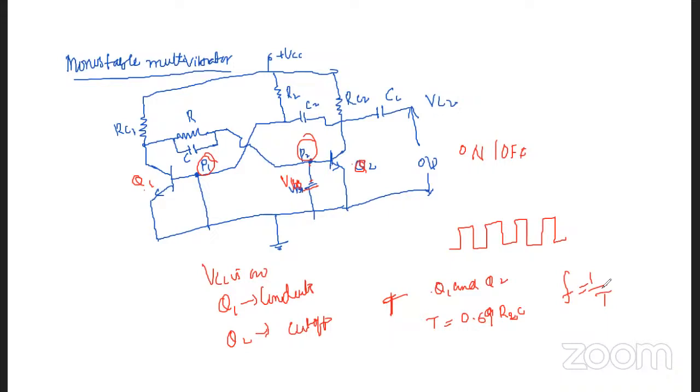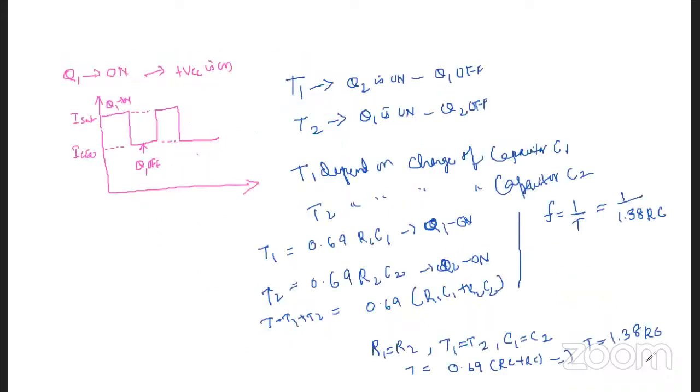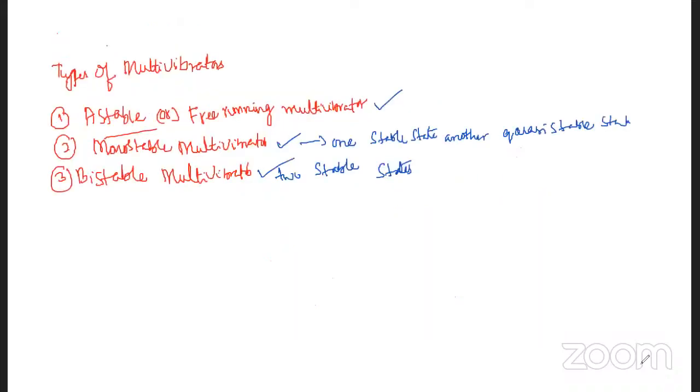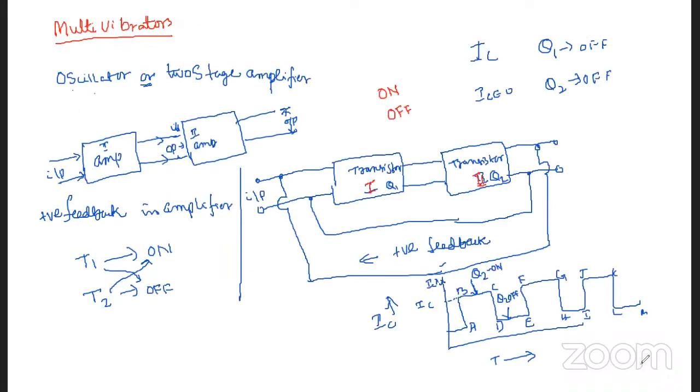So these are the two different types of multivibrators which we have seen. In the next class, we are going to see the bistable multivibrator so that we can complete the multivibrators. As we have discussed, a multivibrator is nothing but an oscillator.